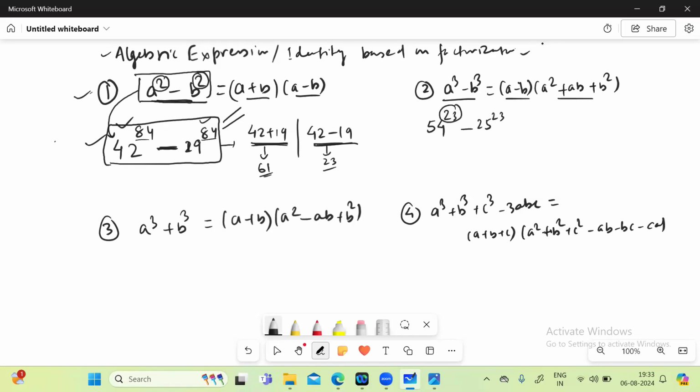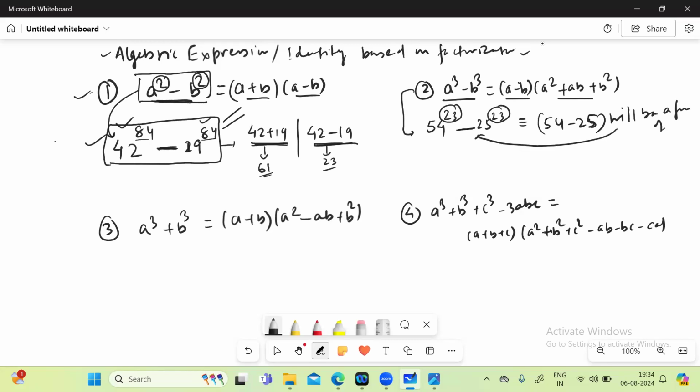We have equal odd powers and the sign is negative, which matches with the second formula. So this means that 54 minus 25 will be a factor of this one.